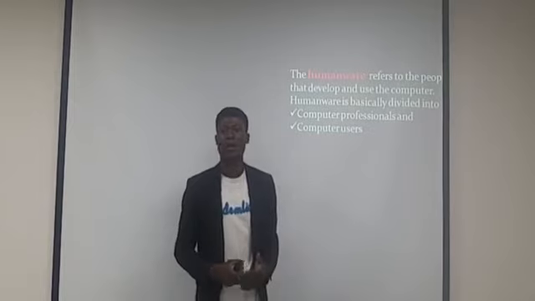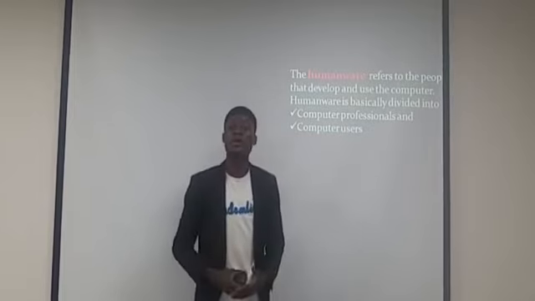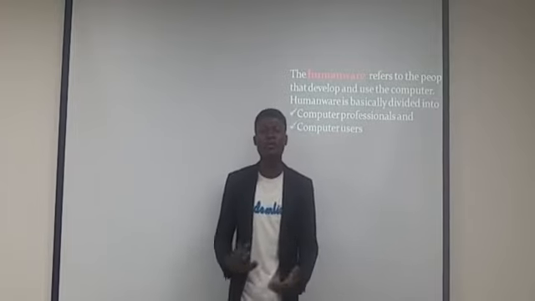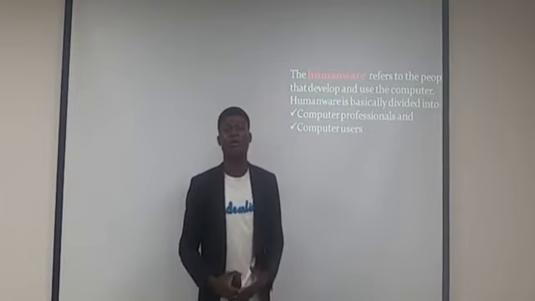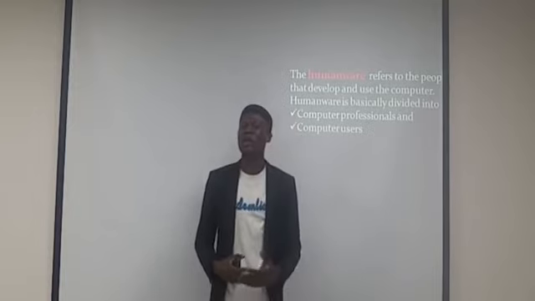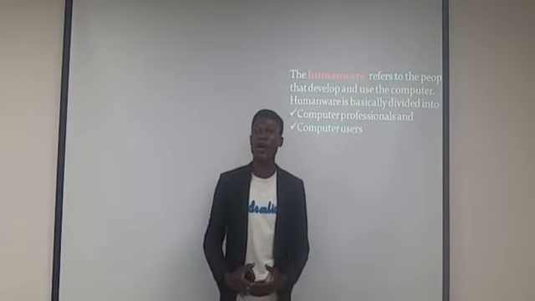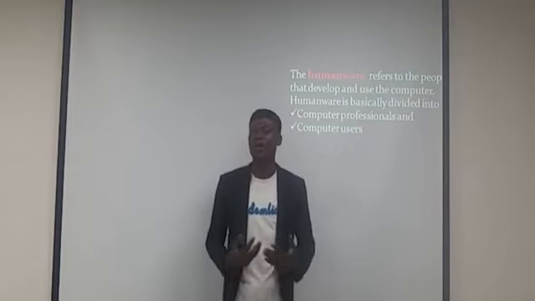The examples are like the computer engineers, the computer analysts, the computer educators, the computer policy makers. These are all computer professionals, all right? And then we have the computer users, which could be anybody. Basically, you just get a computer and you are using it to carry out one function or the other. You are already a computer user.